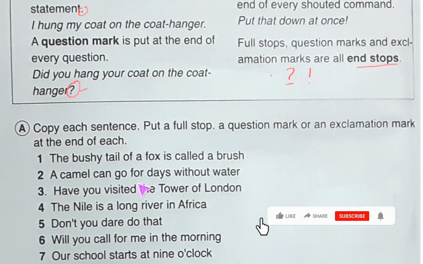A camel can go for days without water. Same thing, it is also a statement. That's why we should put a full stop. Have you visited the Tower of London? I think you are understanding this by this sentence. Here one question is expressed, so after this sentence we have to put a question mark. The Nile is a long river in Africa.